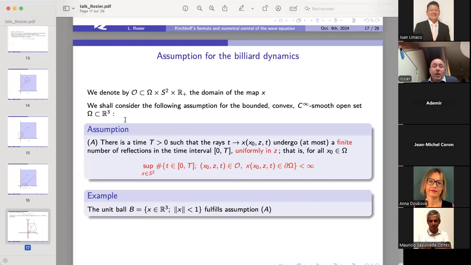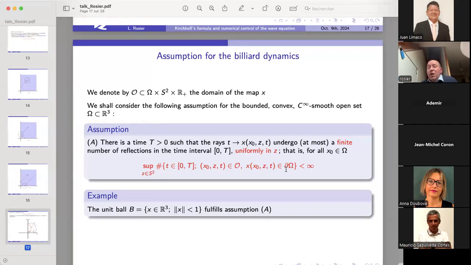I denote by O the domain of the map X, and we should make some assumption about our open set omega. Assumption A tells you that there is some time T such that the rays undergo at most a finite number of reflections in the time interval [0, T], uniformly in z.